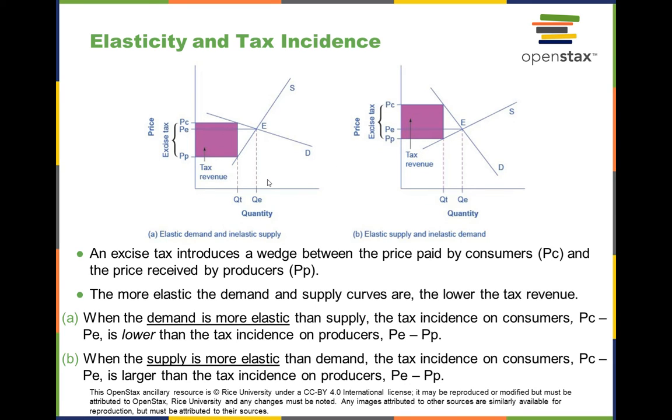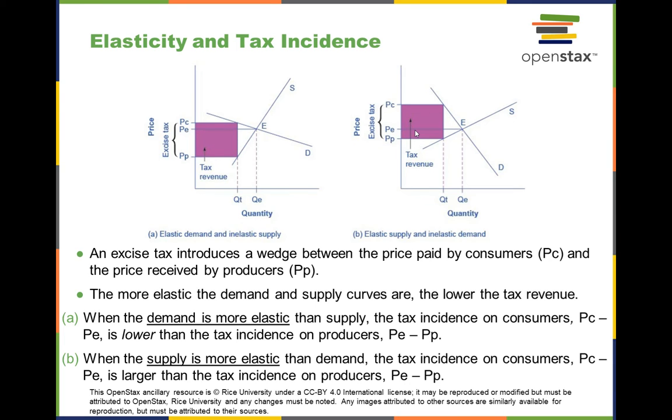And so we have a tax incidence in this case where the demand is more elastic. This is the demand. The curve is flatter, so it's more elastic. Then the tax increase on consumers is lower, which we can see by size here, than it is going to be on producers. So in this case, more of the burden is going to fall onto the producers.